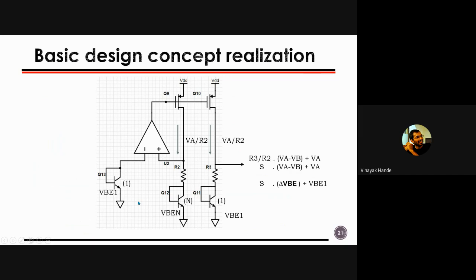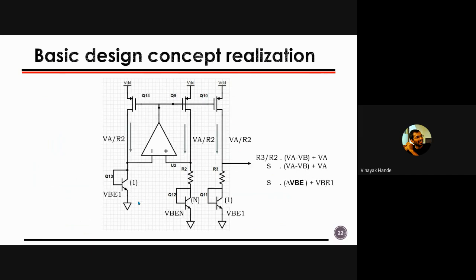So what we can do, it is a simple thing, make the current flow through that transistor also. I have just mirrored one transistor and made the current flow through that transistor. That means now if you go and simulate the circuit, it will work.